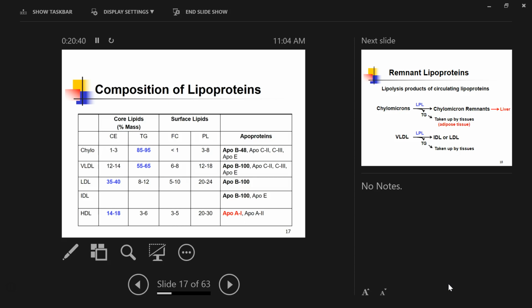LPL, lipoprotein lipase, is the enzyme, if you still remember, that catalyzes the hydrolysis of triglyceride, right, and releases fatty acids in both chylomicron and the VLDL.